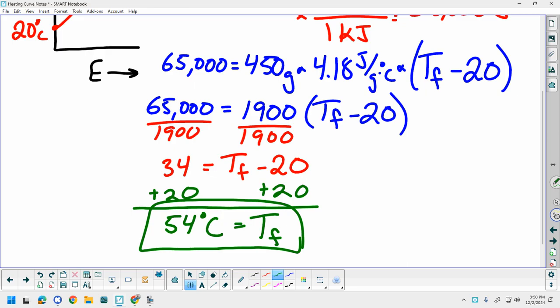So in these style of questions, we might be looking for the total energy added or removed, or if we know how much energy is being added or removed, we might be looking for something like, in this question, the final temperature. So there you go.